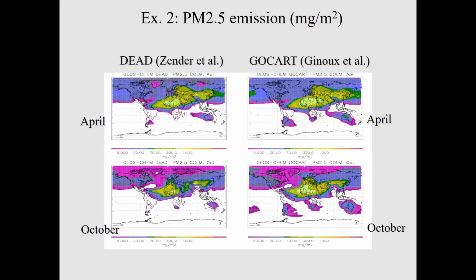And so two of the commonly used models right now are GOCART, which is on the right, from Ginoux et al., and DEAD, these are acronyms, from Zender et al., on the left. These models vary in their level of sophistication, but they're an example of a critical zone model that is fairly mature at this stage.